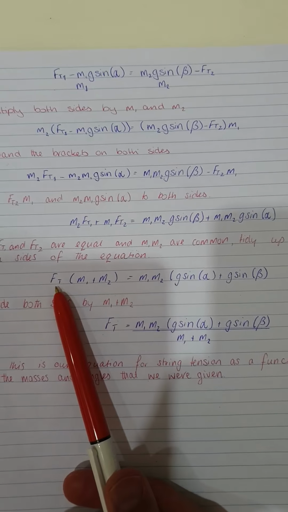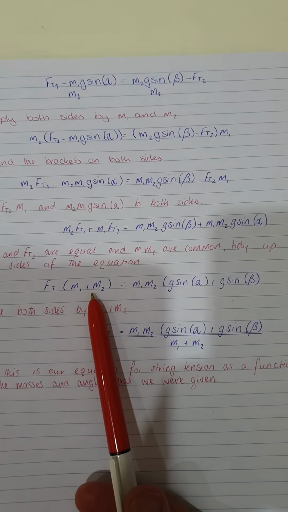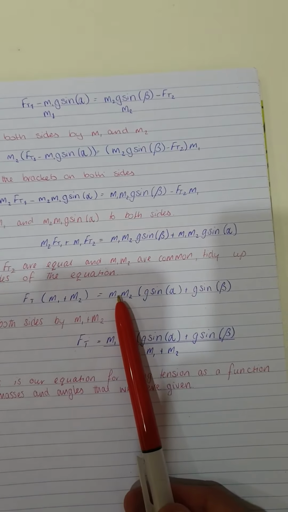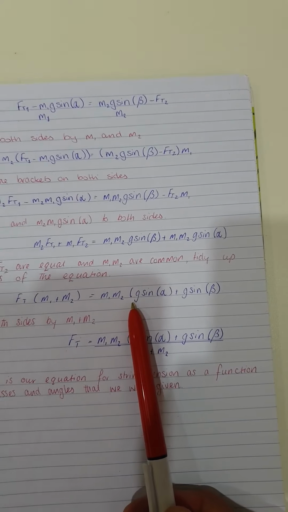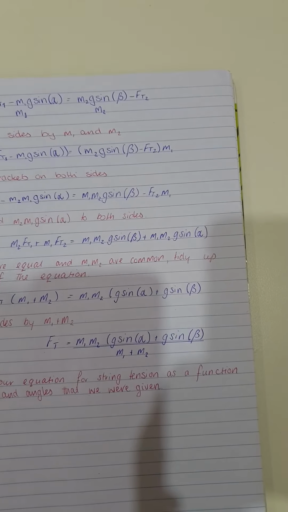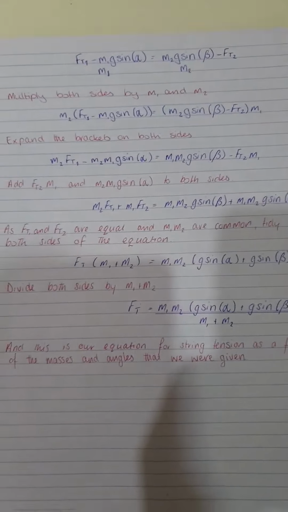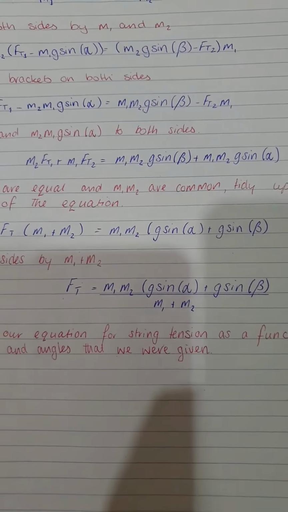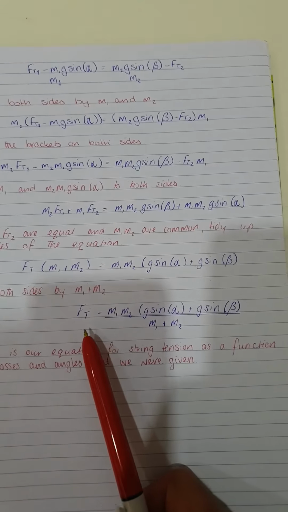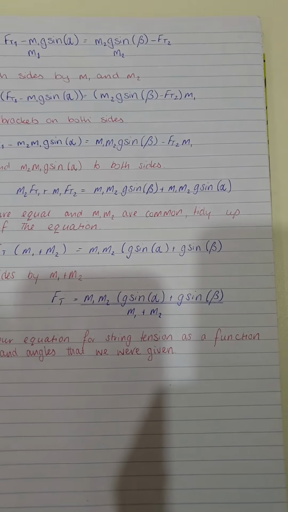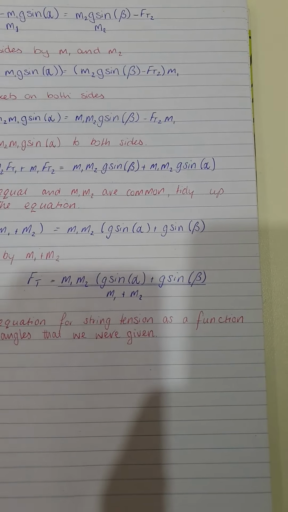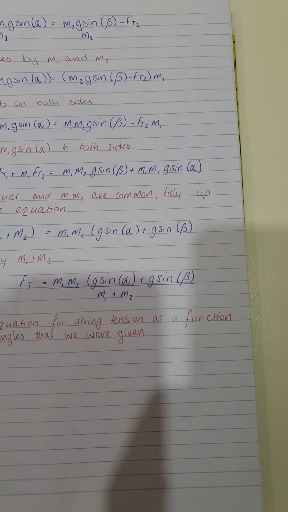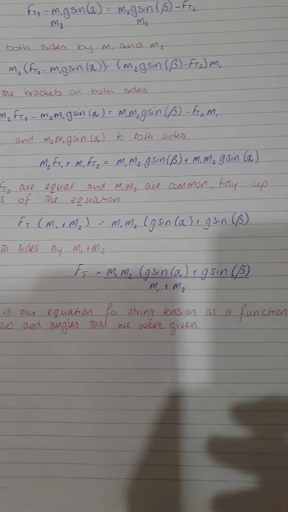So we end up with tension multiplied by m1 plus m2 is equal to m1 times m2, all multiplied by g sine alpha plus g sine beta. If we divide both sides by m1 plus m2, we come up with our equation for string tension, which is T equals m1 multiplied by m2 multiplied by g sine alpha plus g sine beta, all divided by m1 plus m2.